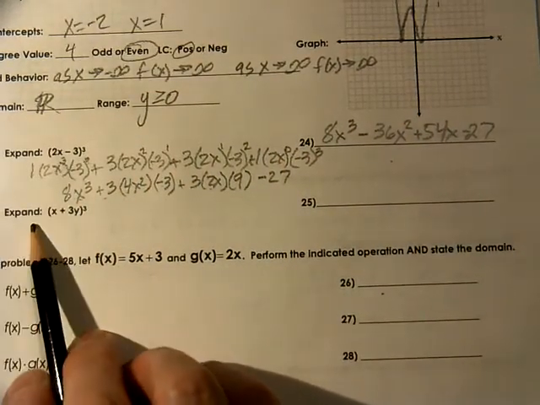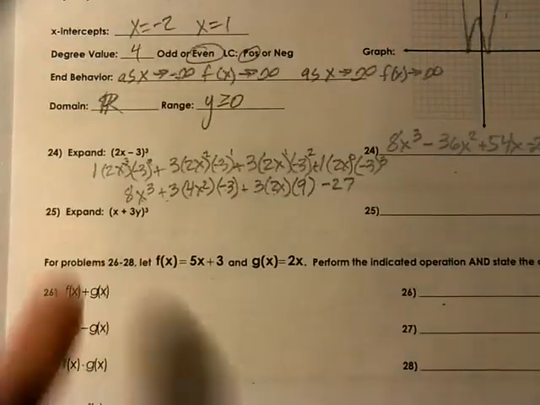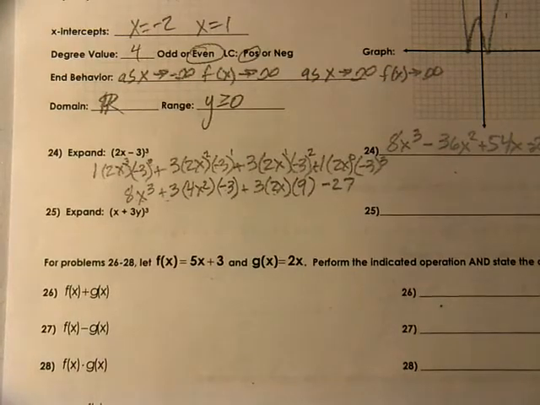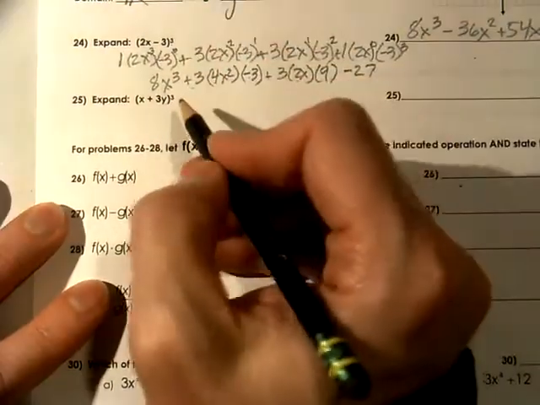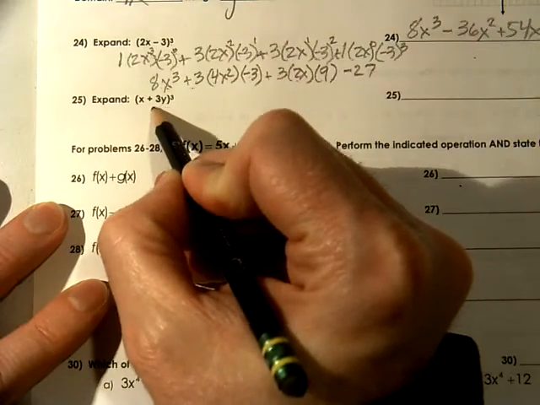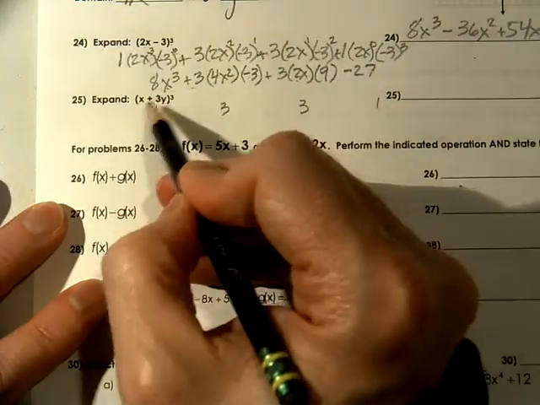Go ahead, pause the video, and try number 25. So what we're going to do is start out with 1, 3, 3, and 1.